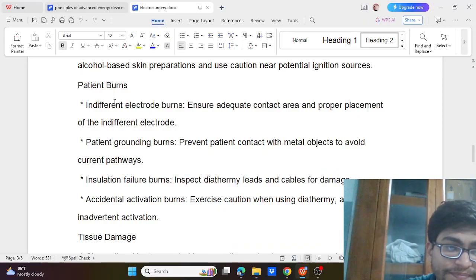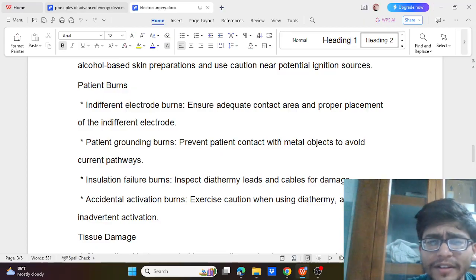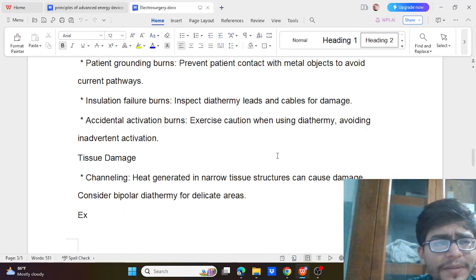Then burns, which result from improper contact of the electrodes. So we need adequate contact area and proper placement of the passive electrode. Patient grounding burns can be due to contact with metal objects, so we have to prevent patient contact with metal objects to avoid a current pathway.